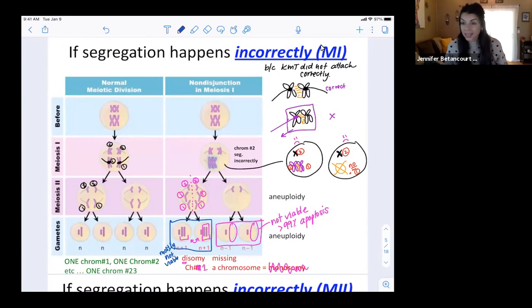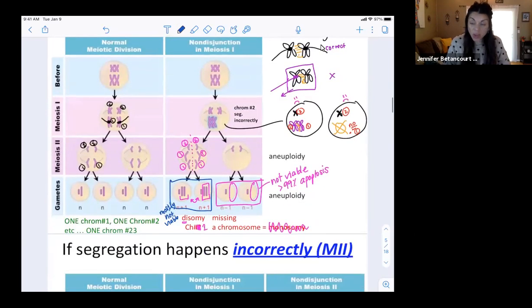Okay, so usually it's not. We have checks and balances for this, but sometimes you can still make an embryo. So they're mostly not viable. Most of the time they will undergo cell death as well.